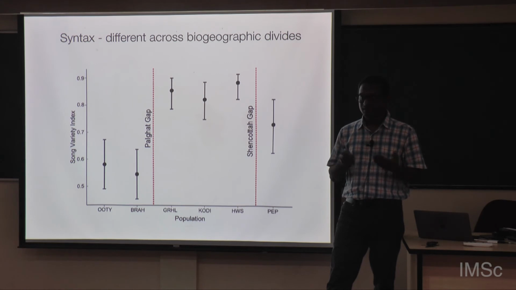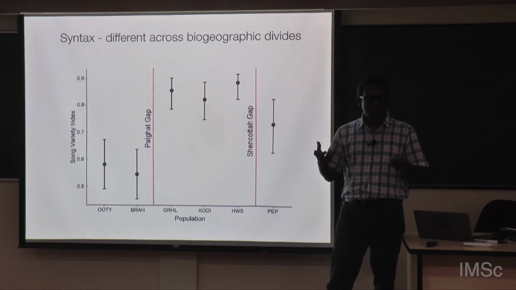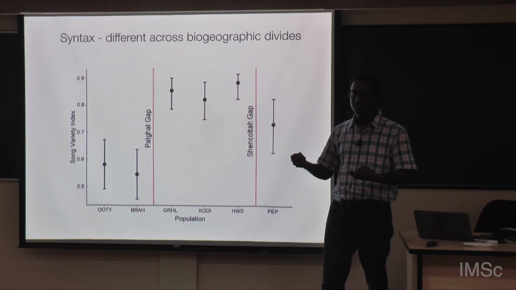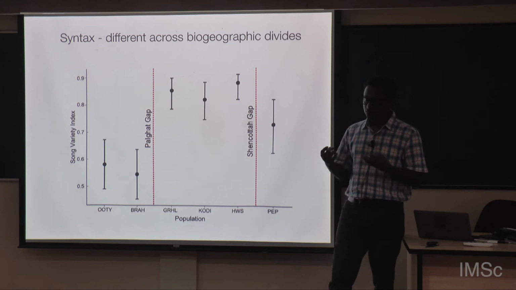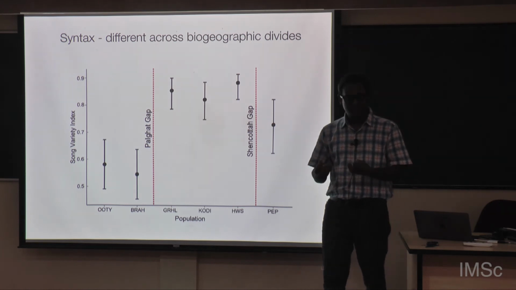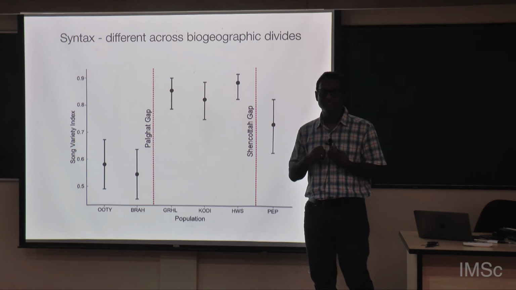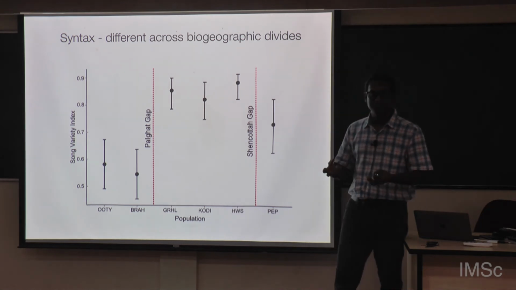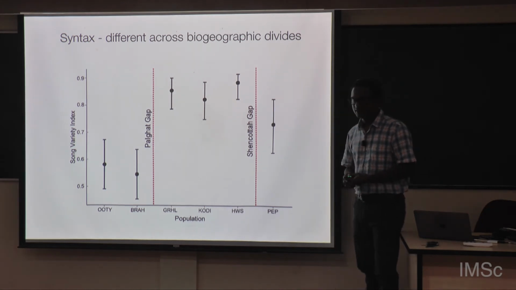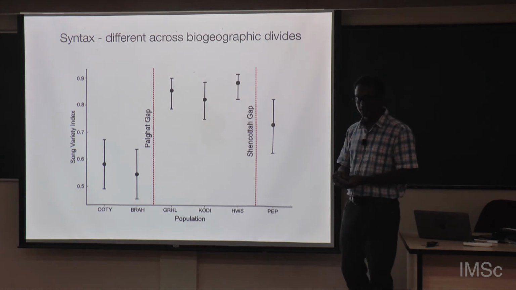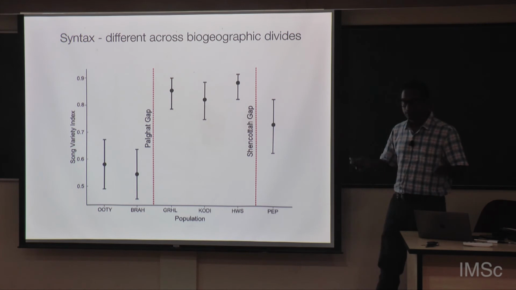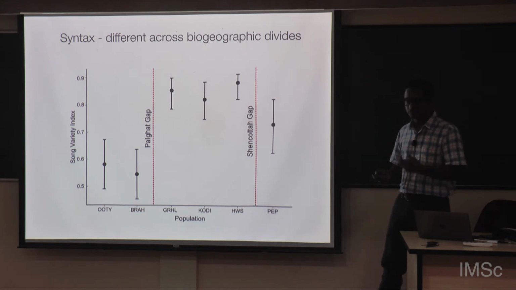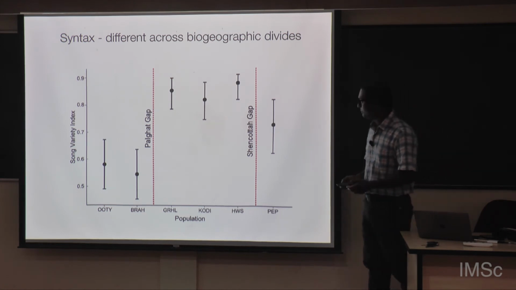Okay, so in some sense, we are able to not only use songs to understand how populations are isolated from each other, but different parts of the song data can inform us about old relationships and some very recent divergences. So this we thought was very cool, and largely because of the system that we have, the Western Ghats system, where you have different kinds of isolations happening at the same time.